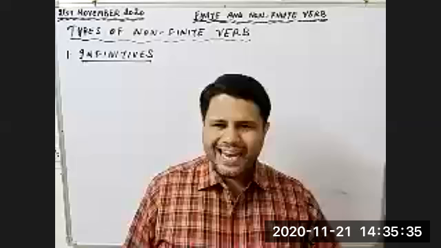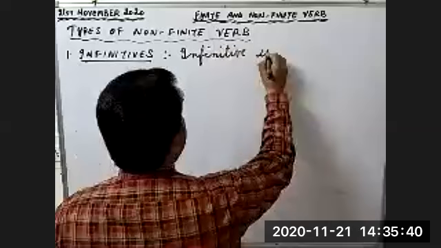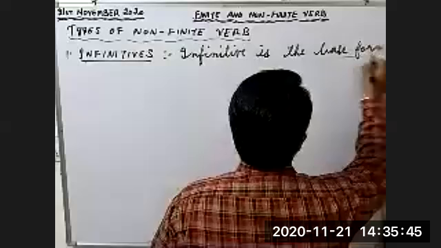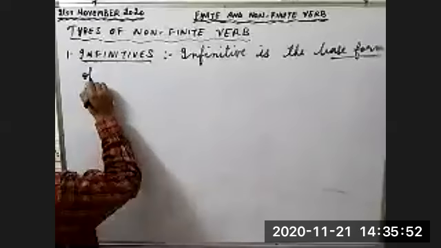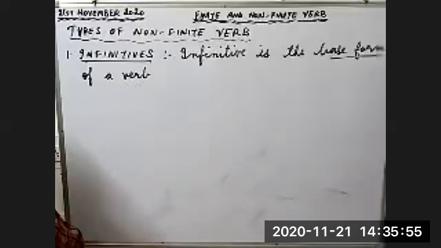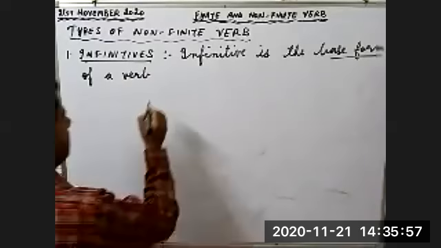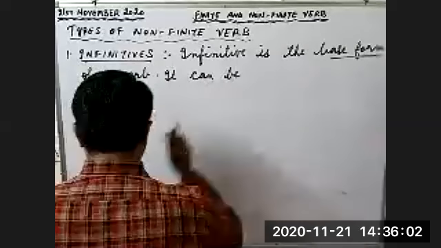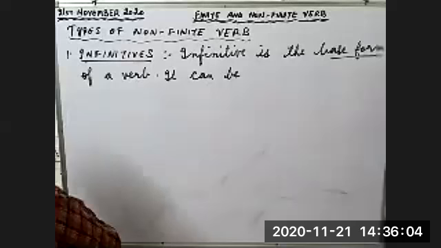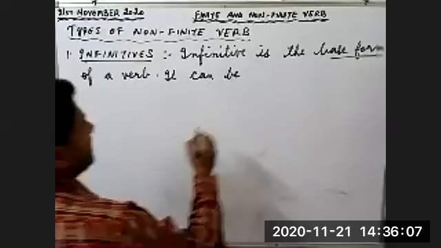Infinitive is the base form of a verb. When I say base form, it means first form. It can be preceded. Children, there are two words.